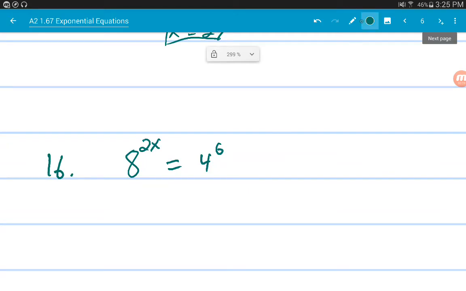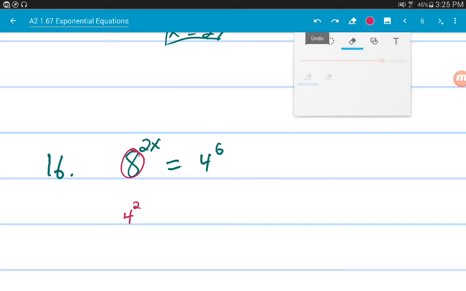Now, I can't change these into the same base. For instance, 8 is not 4 squared. I can't do this because that's not equal. Those are not equal, so that's not going to work.